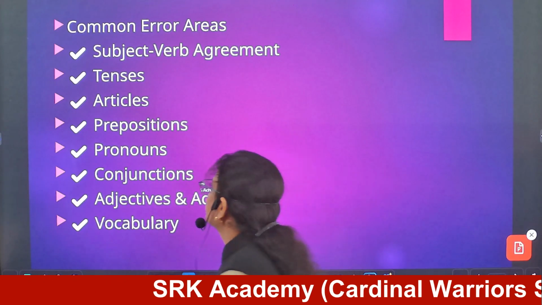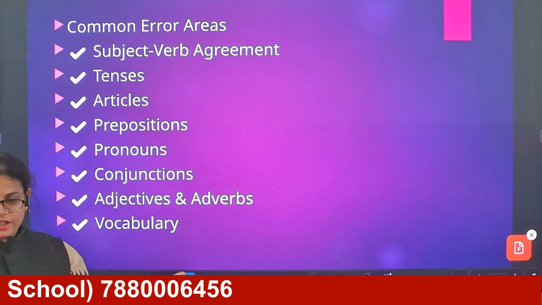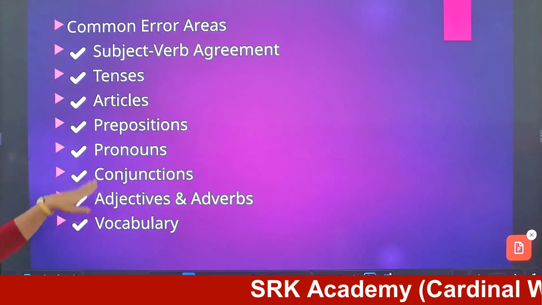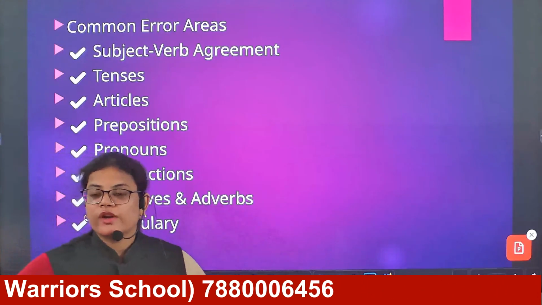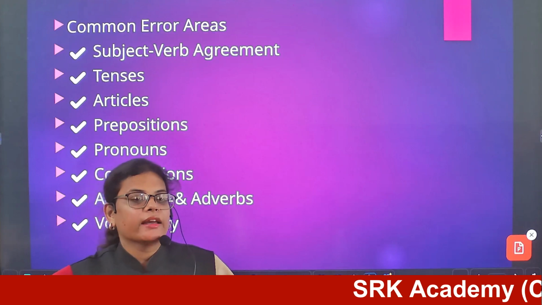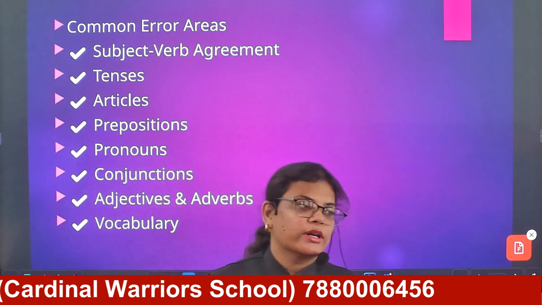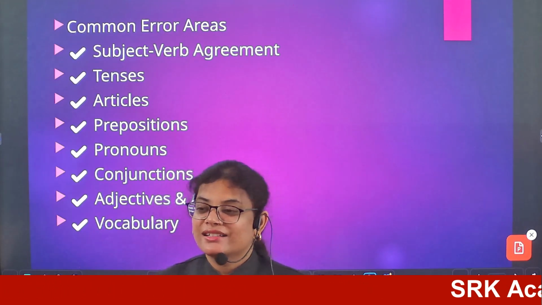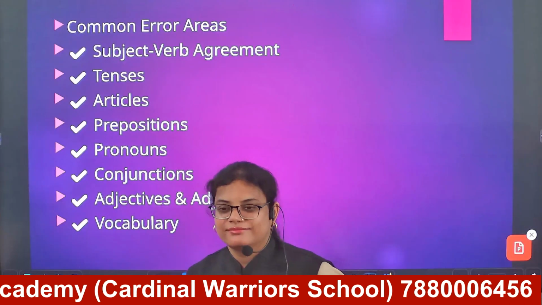Okay? Next, prepositions. We have already learned prepositions. You know, in, out, under, on. Alright? Pronouns. In the place of a noun, whatever words we are using are called pronouns. So in a sub question it is coming like: Sheena is delivering a speech. Sheena is standing on the podium. Sheena is doing this. Sheena is doing that. What is the error? The name is being repeated, so instead of that name we can use the pronoun she.